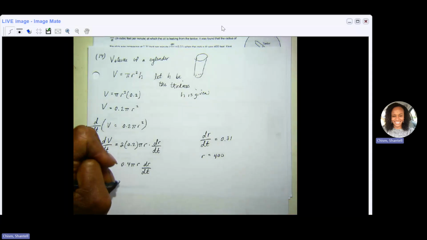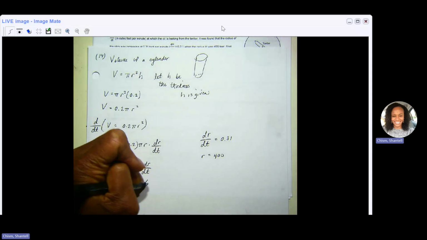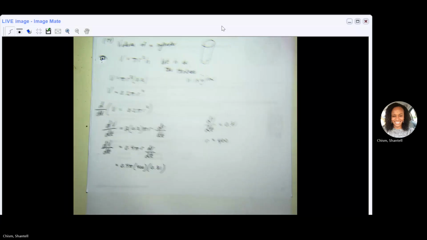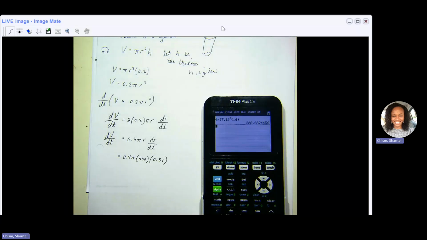So putting these values in, 0.4 pi times 400 times 0.31. And we will, of course, multiply that all together. So we've got 0.4 pi times 400 times 0.31.